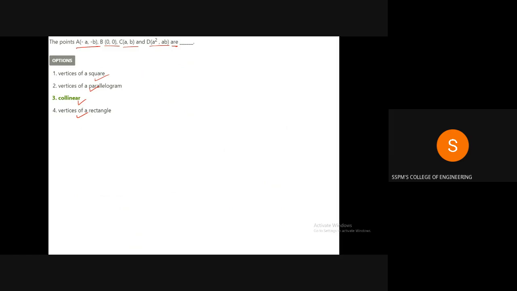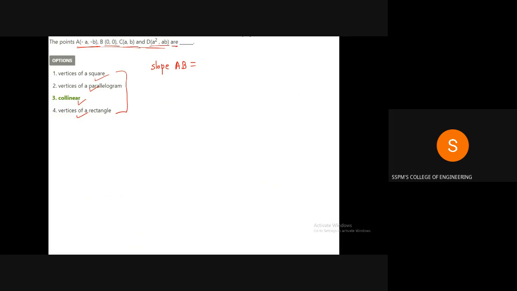You have to find the slope of each segment, that is AB, AC, BC, CD. All the points you have to check the slope, and then you will understand what kind of points they are.